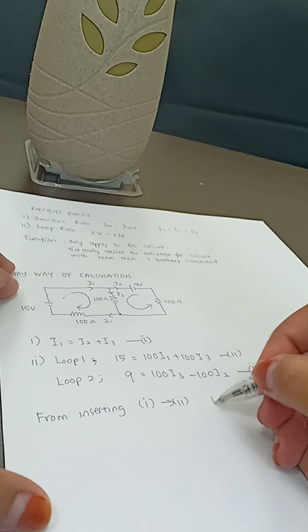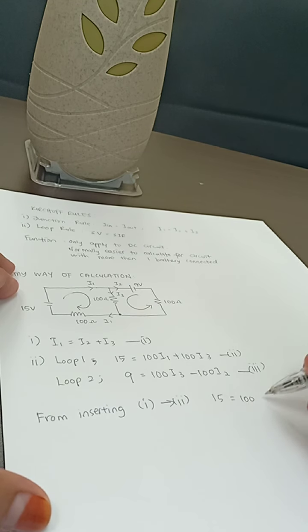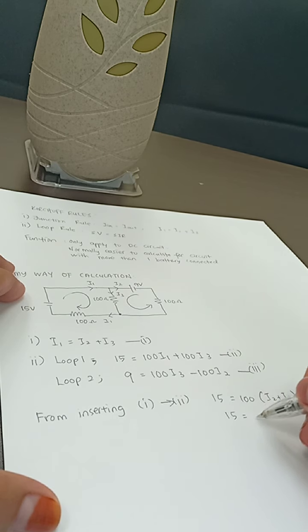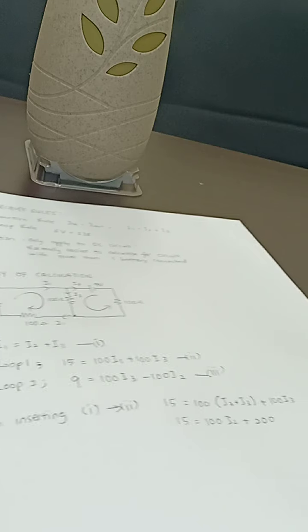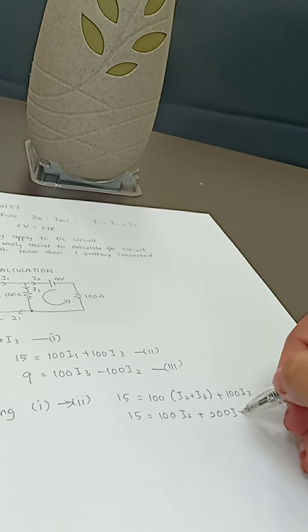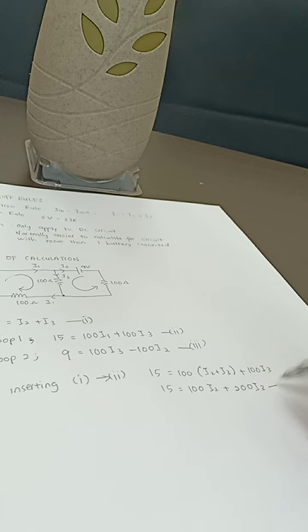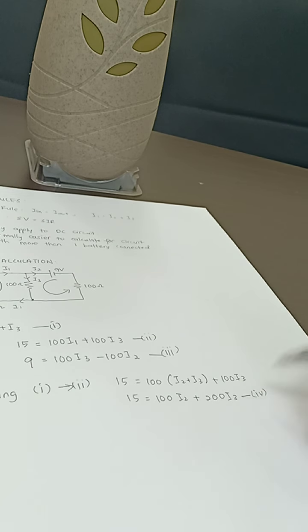I1 from the first equation into the second expression. What you can get is 15 equals, you change I1 to I2 plus I3, so 15 equals 100 I2 plus 200 I3. Next, name this number 4.